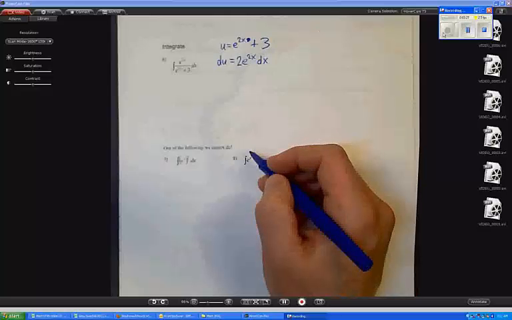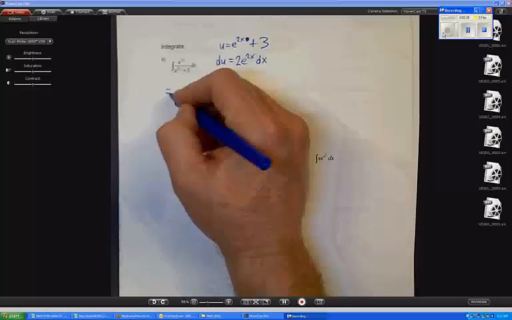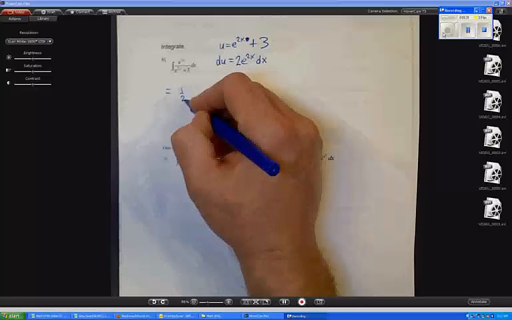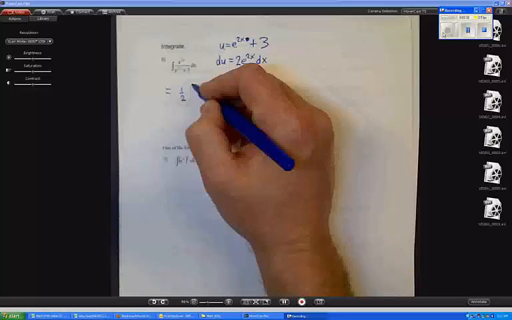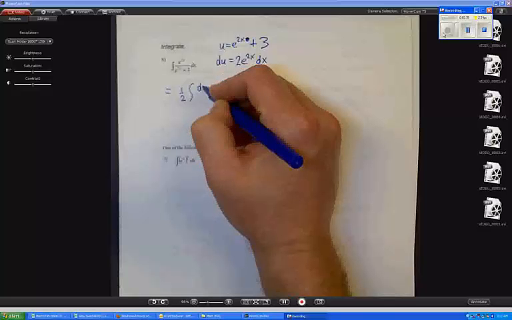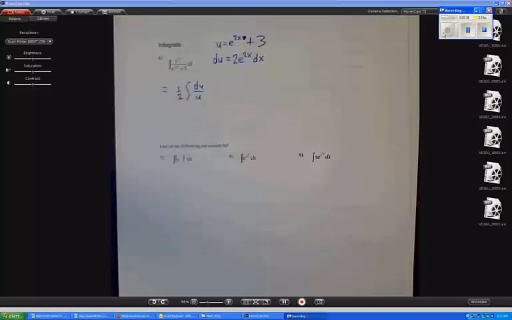So we can rewrite this as 1/2, and now we have the integral of du over u. Right?